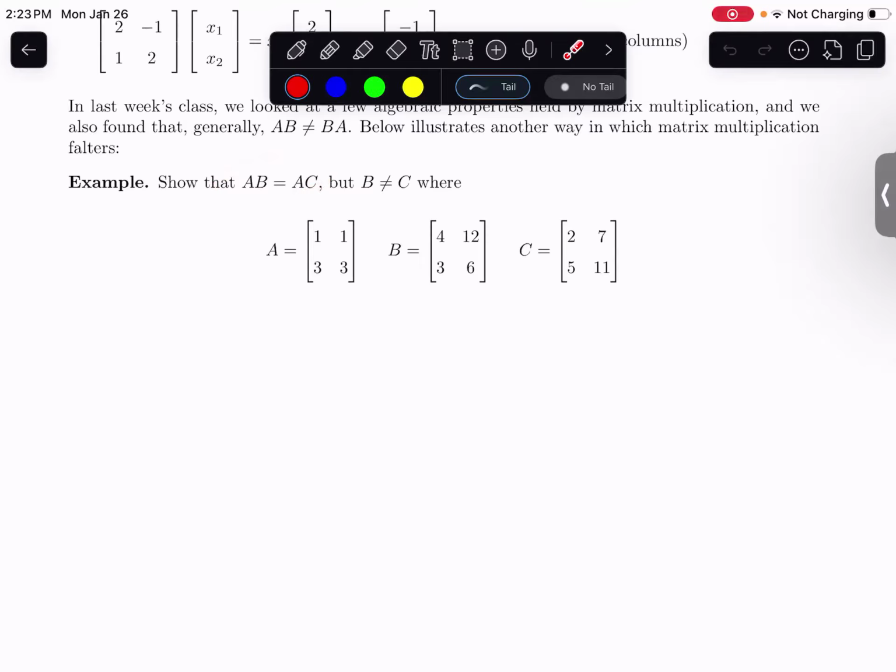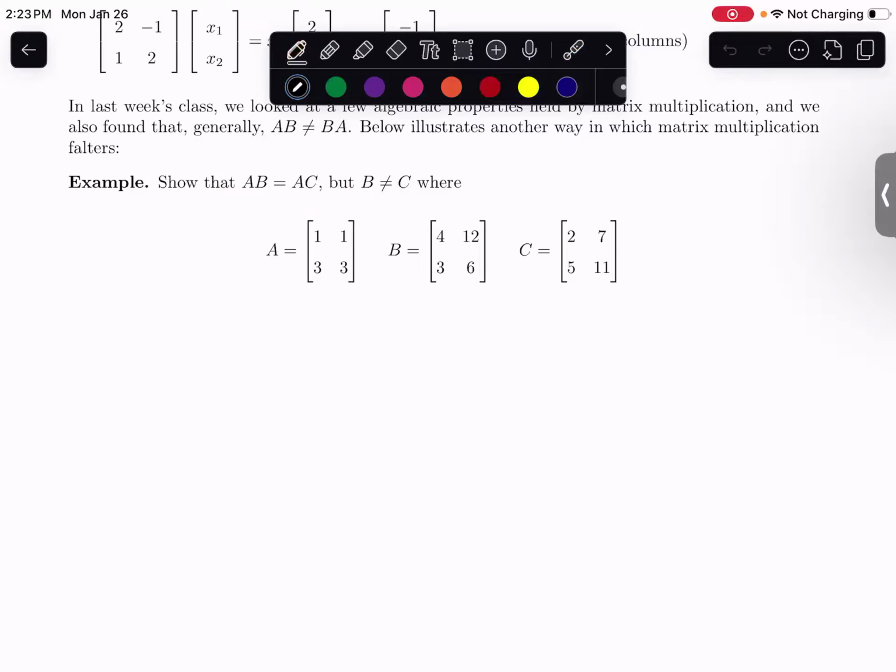This is not a good property, right? You might be thinking, even though these things aren't equal, these things are equal, that must be good or something. But it really isn't. If we have these two things equal to one another, it'd be nice if we could, I'm doing finger quotes right now, divide by A to determine that B is equal to C.